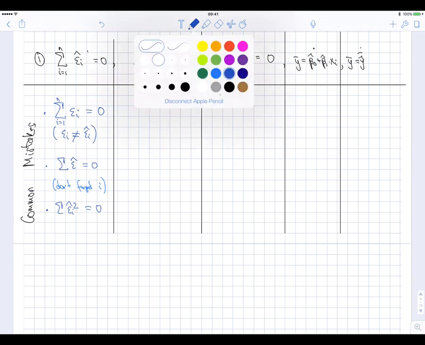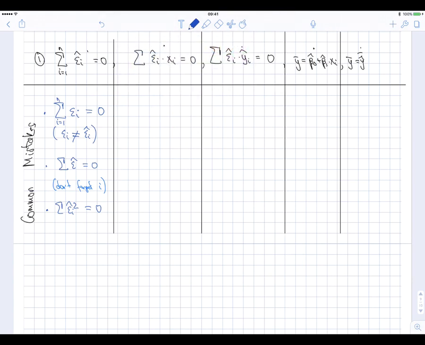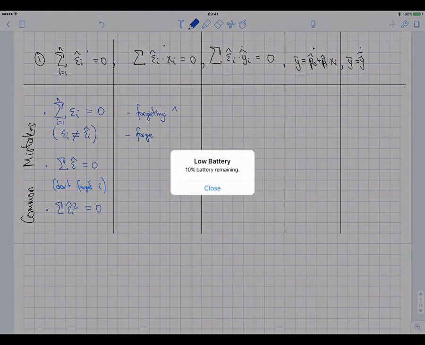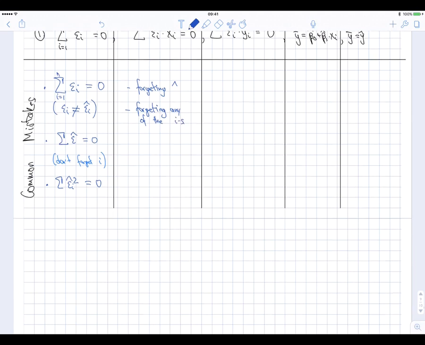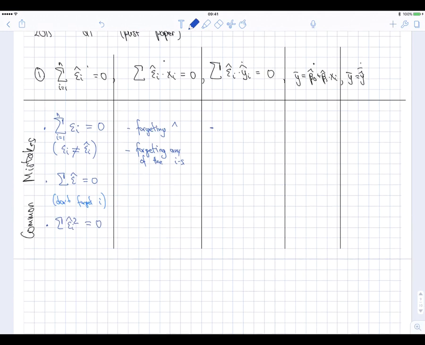Okay, what happens in here? Well, similar mistakes. Forgetting the hat. Forgetting any of the i's would be a mistake, okay? What about here? Again, make a guess. Forgetting the hats.